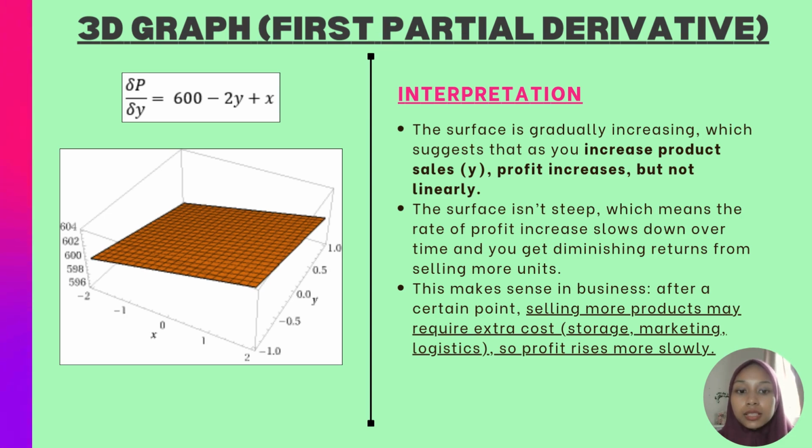The surface isn't steep, so the rate of profit increase slows down over time, and you get diminishing returns from selling more units. This makes sense in business because after a certain point, selling more product may require extra costs like storage, marketing, and logistics, so the profit rises more slowly.